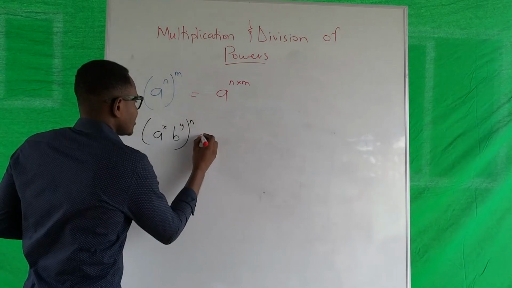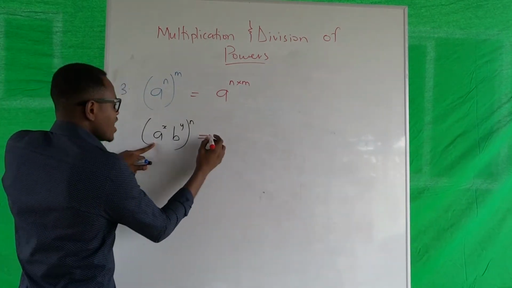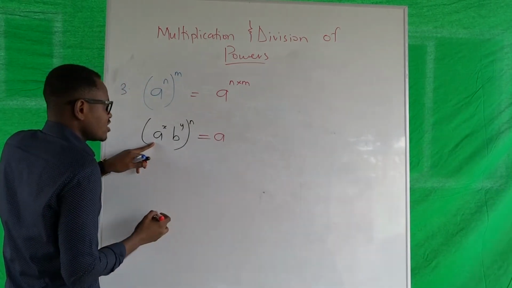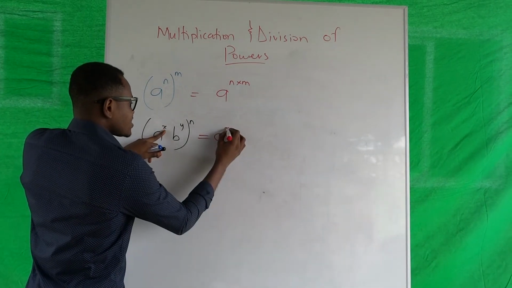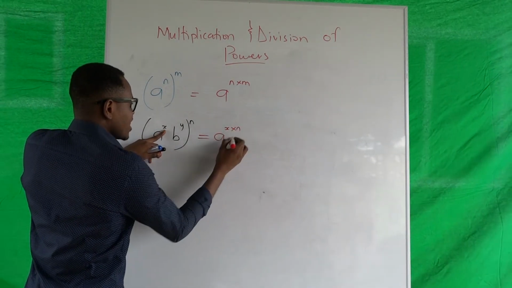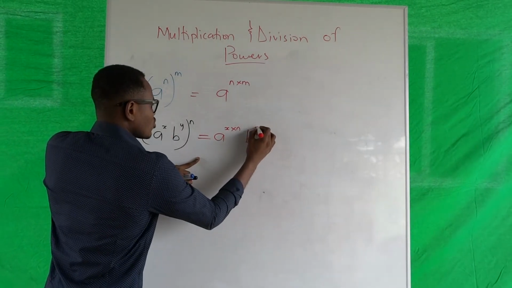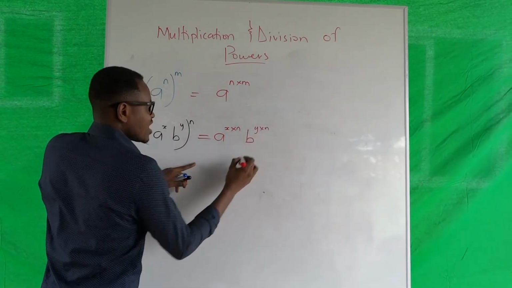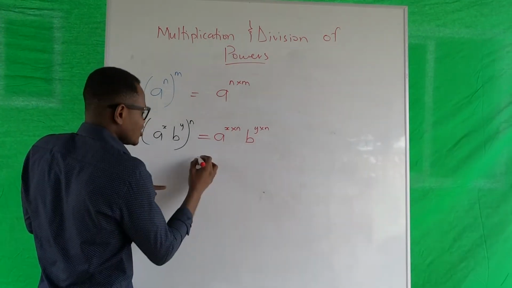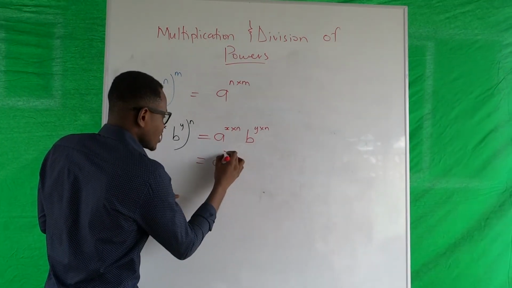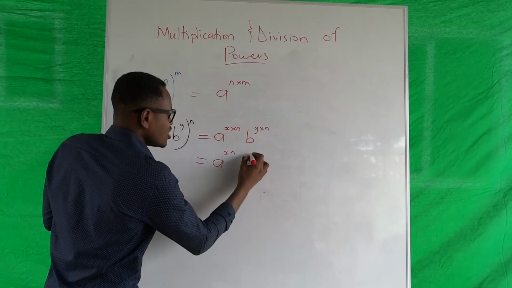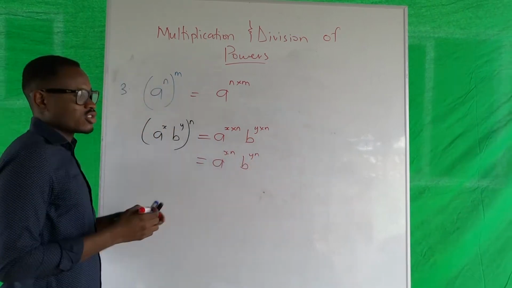So this becomes a to the power x times n, then b to the power y times n. Do you understand? So this is the same as a to the power xn, b to the power yn.